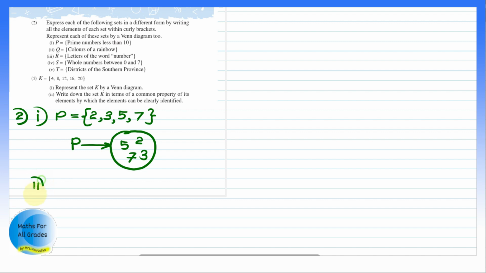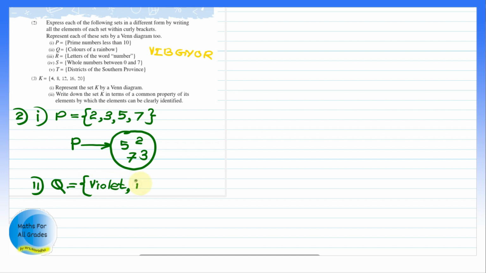Row number 2. Q is a set of colors of a rainbow. So what are the colors of a rainbow? We remember that as V, I, B, G, Y, O, R. So these are the initial letters of the 7 colors. Now let's write down violet.